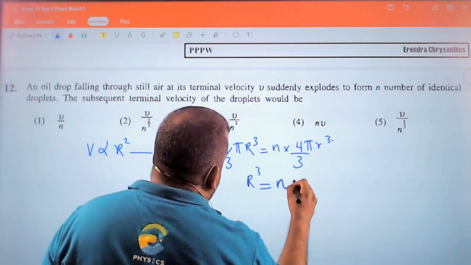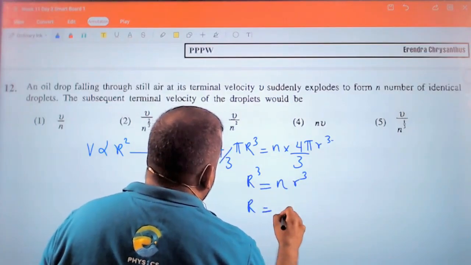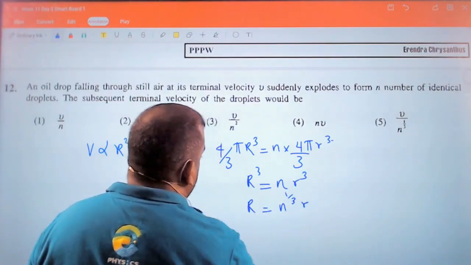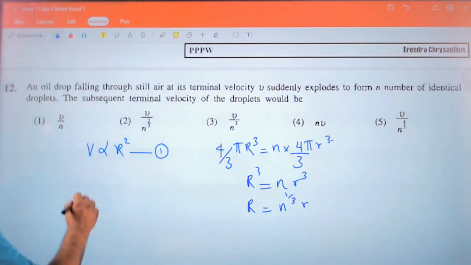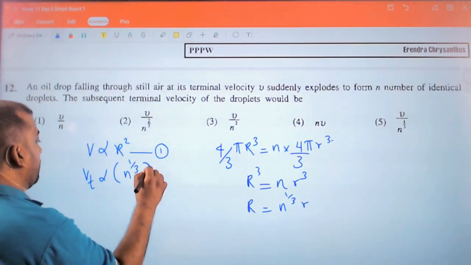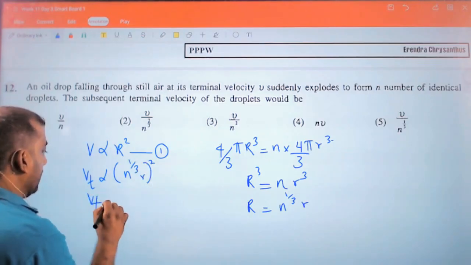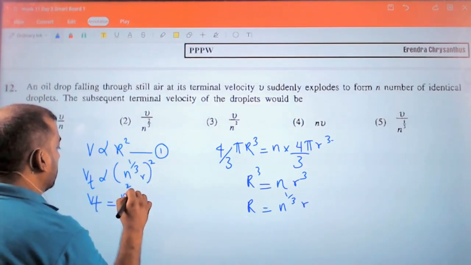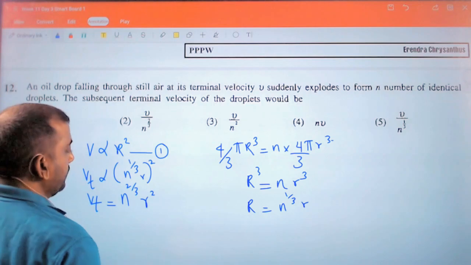Capital R cube equals n small r cube. R equals n to the 1/3 small r. New terminal velocity is proportional to small r square.